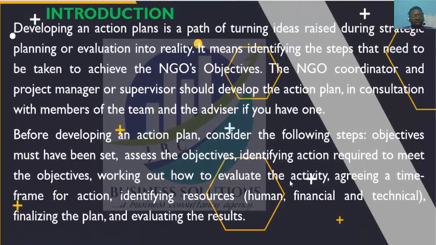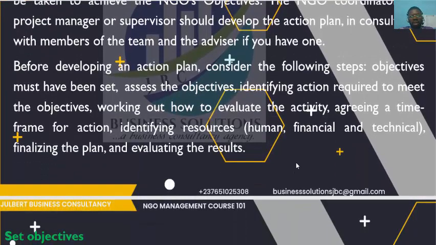And we should also know that before developing a plan of action, consider the following steps. The objective must have been set. What are you planning to attain? You must have set your objectives. You assess the objectives and identify the actions required to meet the objectives.